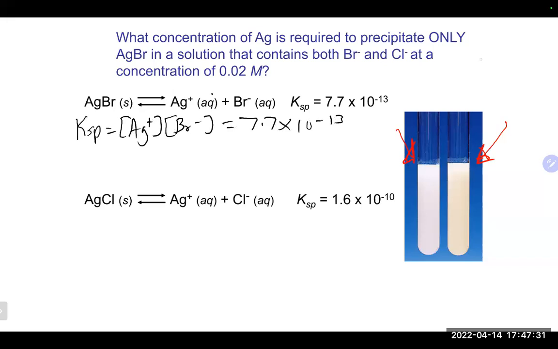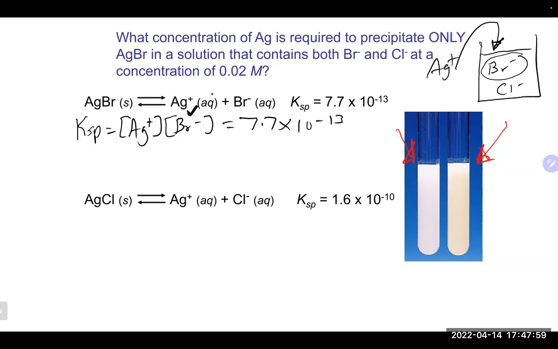Now, just so we're clear, we have a beaker or a test tube, and there's bromide ions floating around, there's chloride ions floating around. We want to dump some silver in, like silver nitrate, and we want to pretty much just take out the bromide as a solid and leave the other ones floating around. They do tell us that the concentration of the bromide and the chloride is 0.02. So we actually do have this number right here for our Ksp expression, and we can solve for silver's concentration.